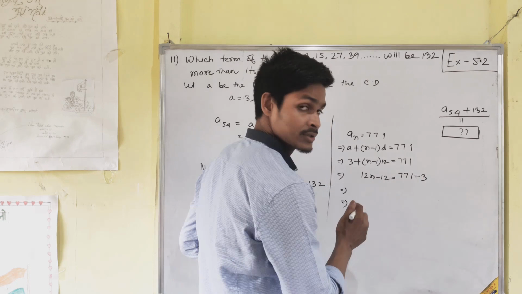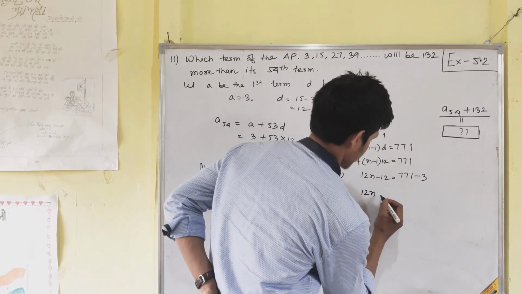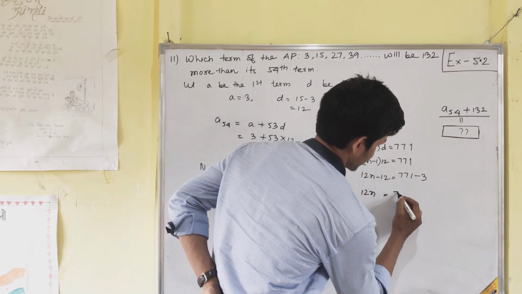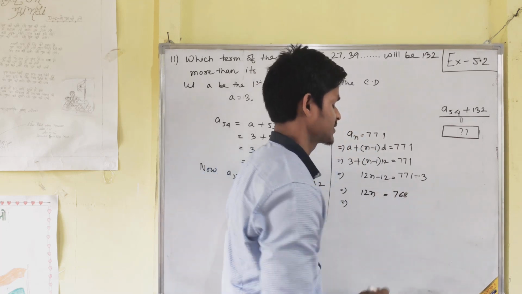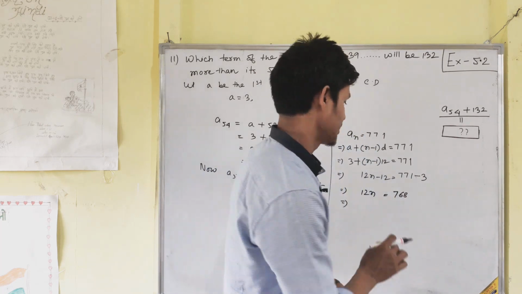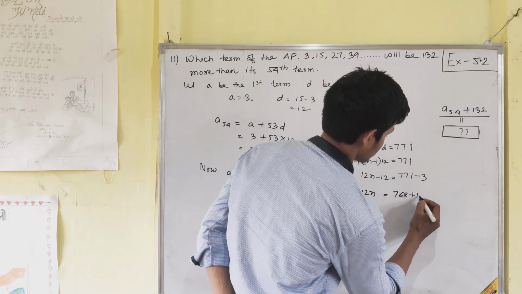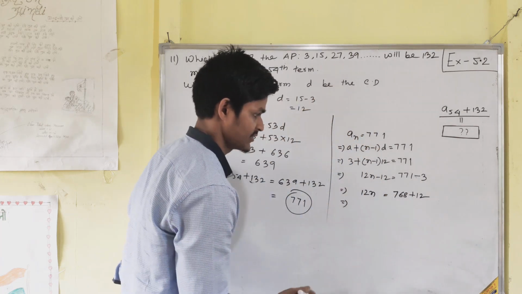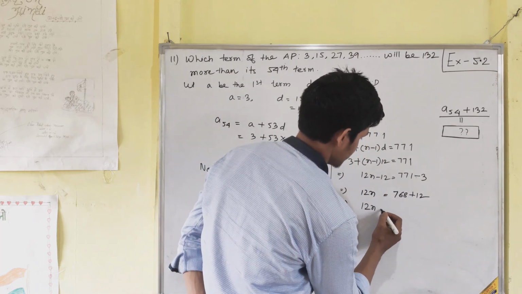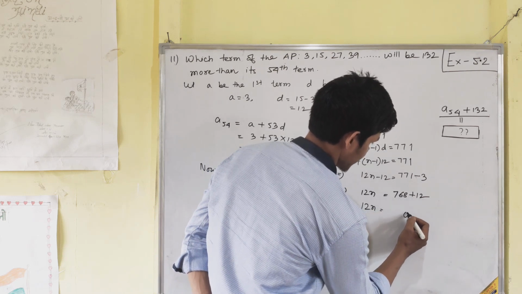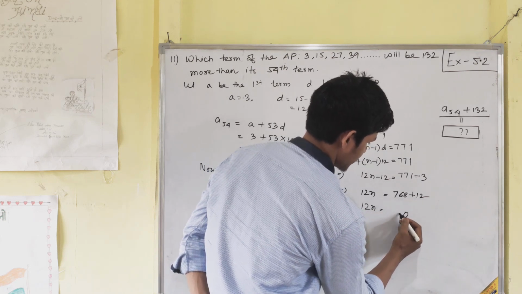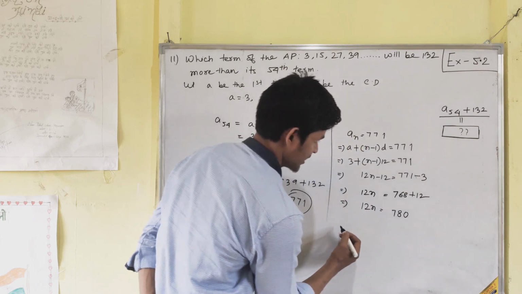So now 12n equals 768, because 71 minus 3 is 68. Now this 12 will be added to 768 because it is on the left hand side. So 12n equals 780.